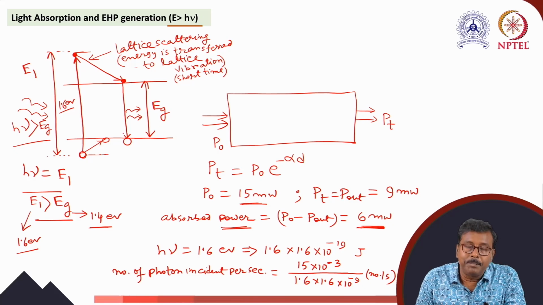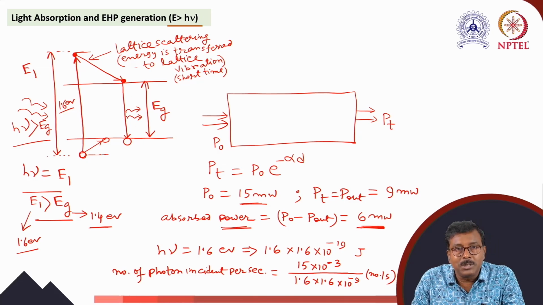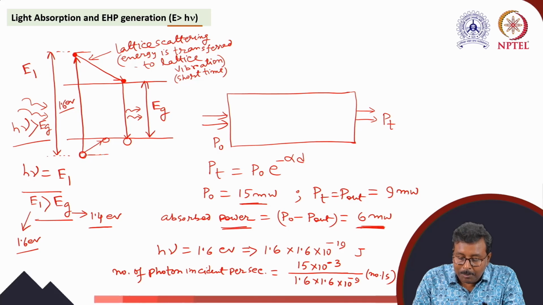But if we consider a perfect conversion efficiency from recombination to photon, then we can calculate the number of photons emitted also from the output power. In that case, we have to consider 1.4 electron volt of energy. Be careful, not 1.6 electron volt. So the absorbed power, what is the 6 milliwatt?